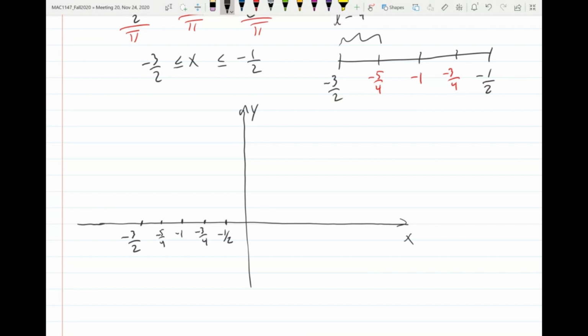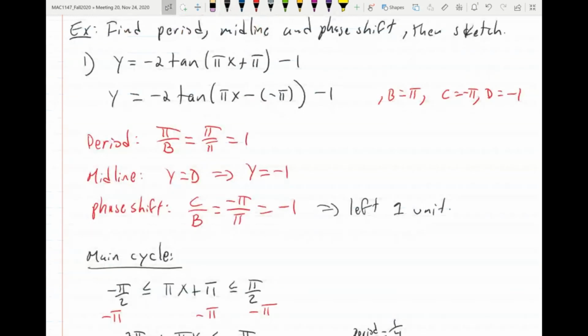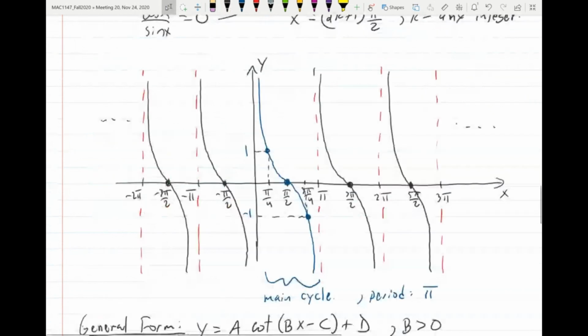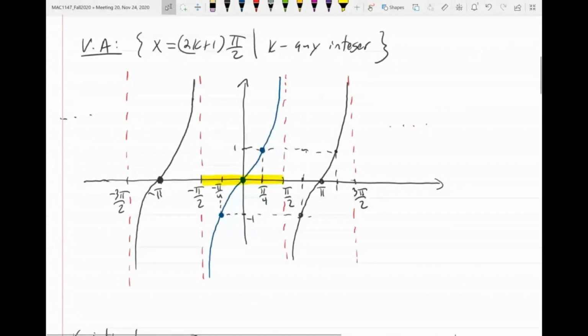Now let's put the midline. What is the midline? The midline is y equals -1. By the way, the midline, that's exactly where these inflection points are going to happen. The inflection points are the ones that you see here where the function changes concavity. Those x-intercepts in this special graph, those are the inflection points, okay? Of course, if we have a midline that's different than the x-axis, that's going to go up or down.